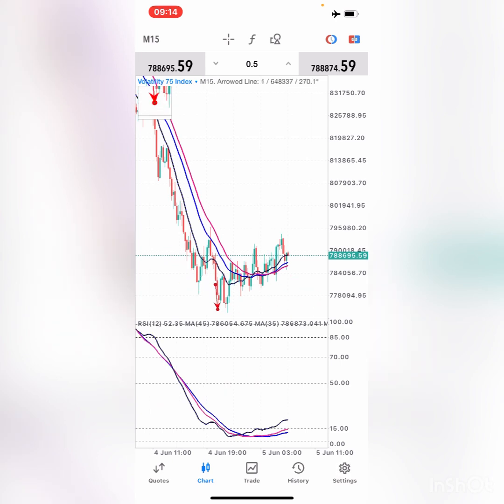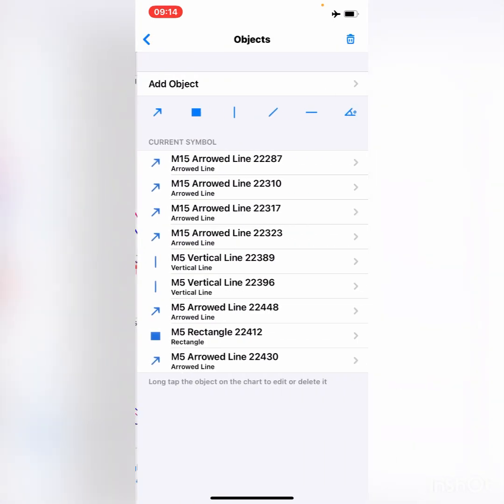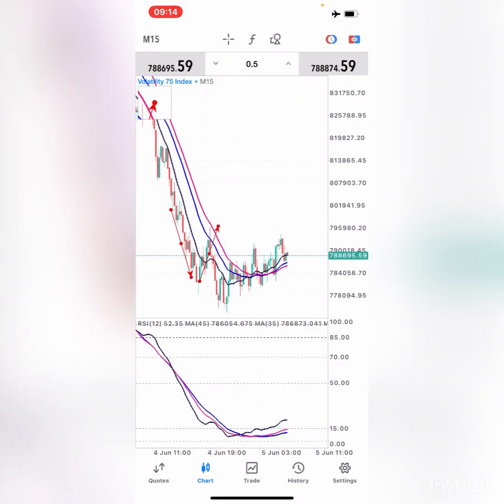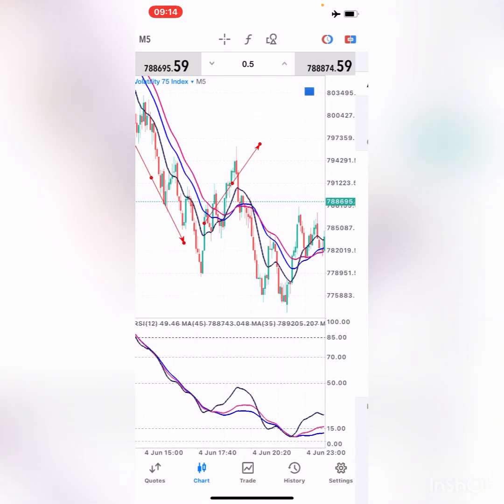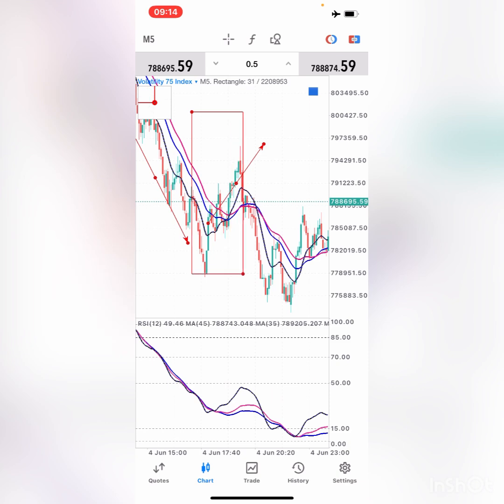Right here, I can see that price was just falling and falling and falling, and then we reached a point where we crossed our black line right here. So all I have to do is go to my 5-minute time frame and see what happened, which is this region. This is the region where we had the cross right here.